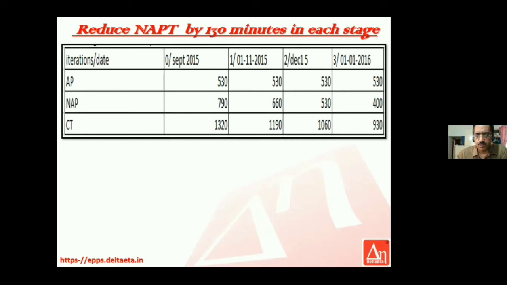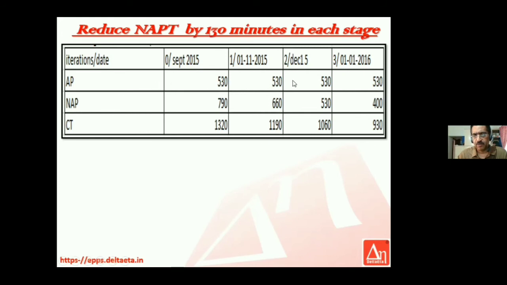You see the no action point time is 1,300 minutes. So we try to reduce 130 minutes in every step, in every process or every change we do. We do it in 3-4 steps so that the changes are not hampering your production, nor upsetting the manpower. So you go step by step.